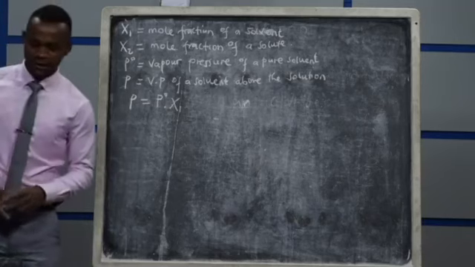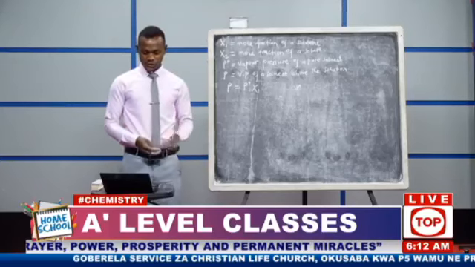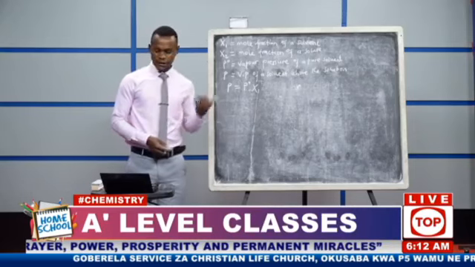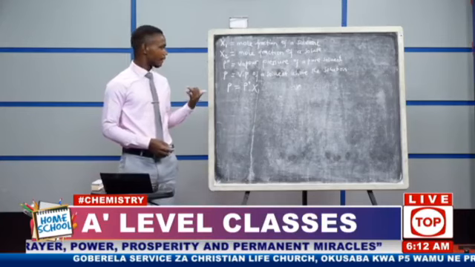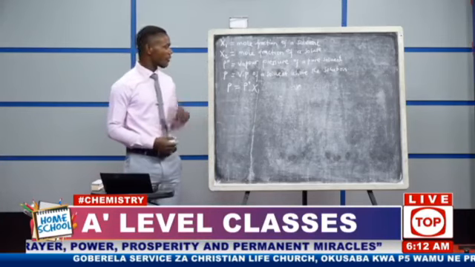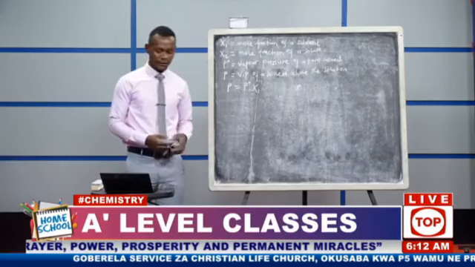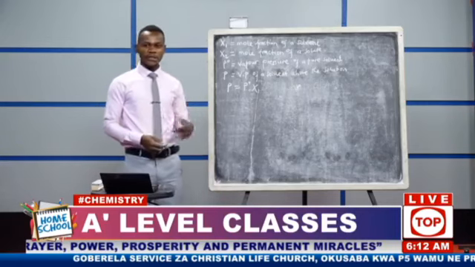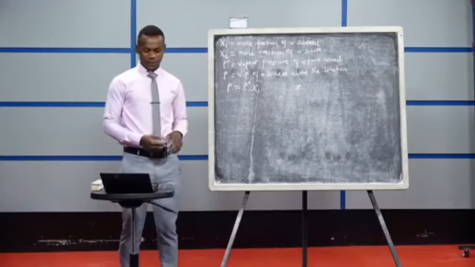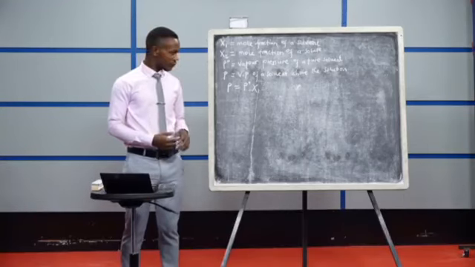Then we said that when you add a non-volatile solute into this solvent, the vapor pressure will decrease, because remember we are dealing with vapor pressure lowering of a solvent. Immediately you add a non-volatile solute into a solvent, the vapor pressure will decrease.